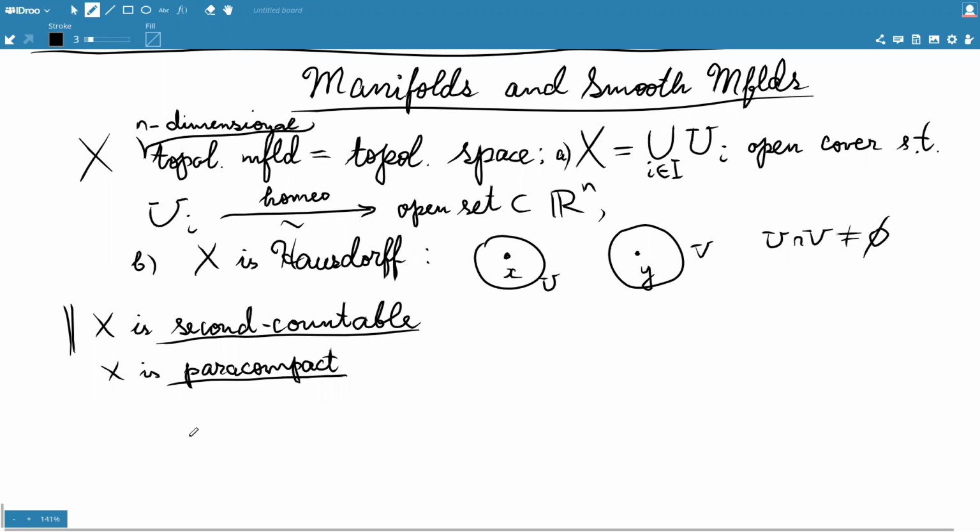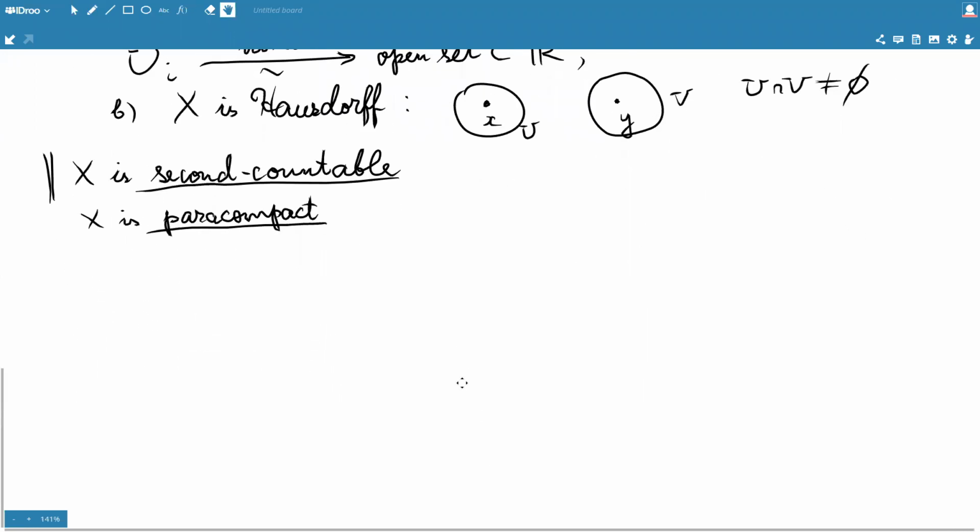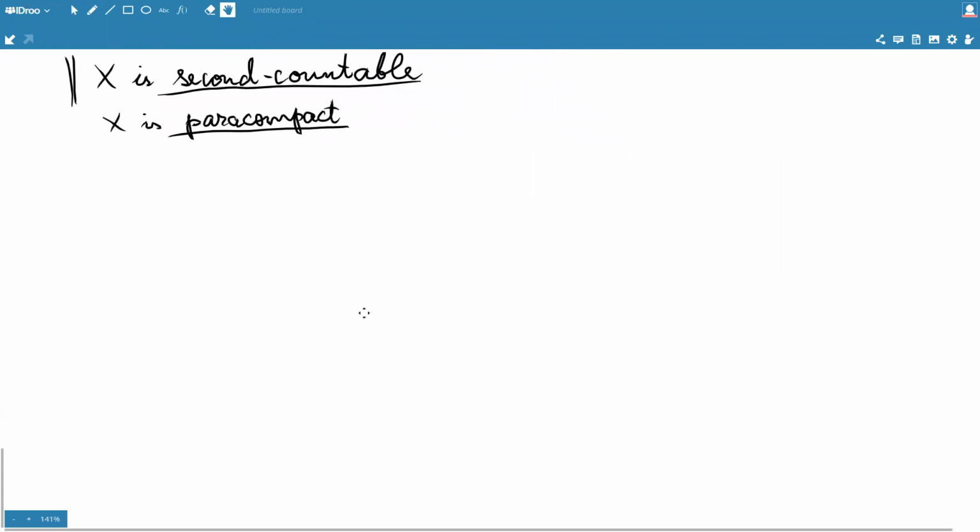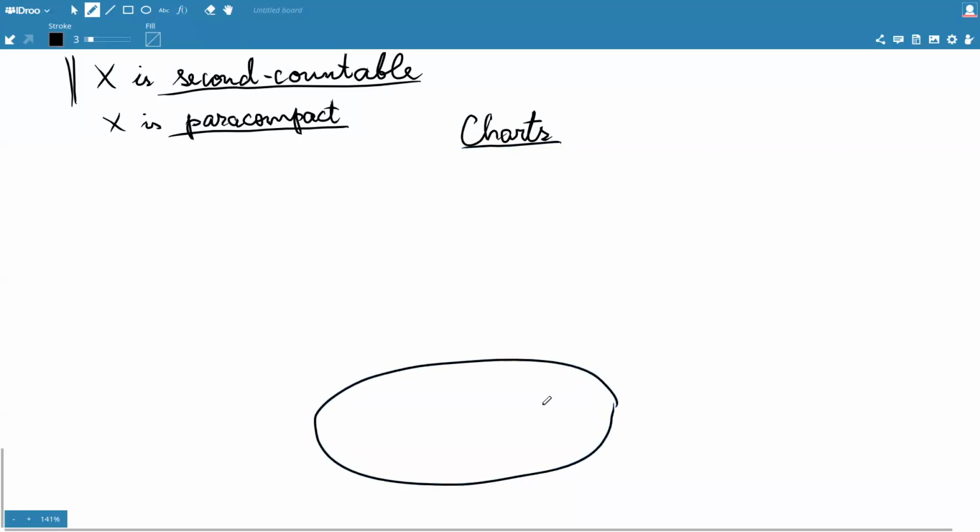Now, let me say about charts. What do we mean by chart? If this is our X, let me draw the picture. So charts, or local charts.